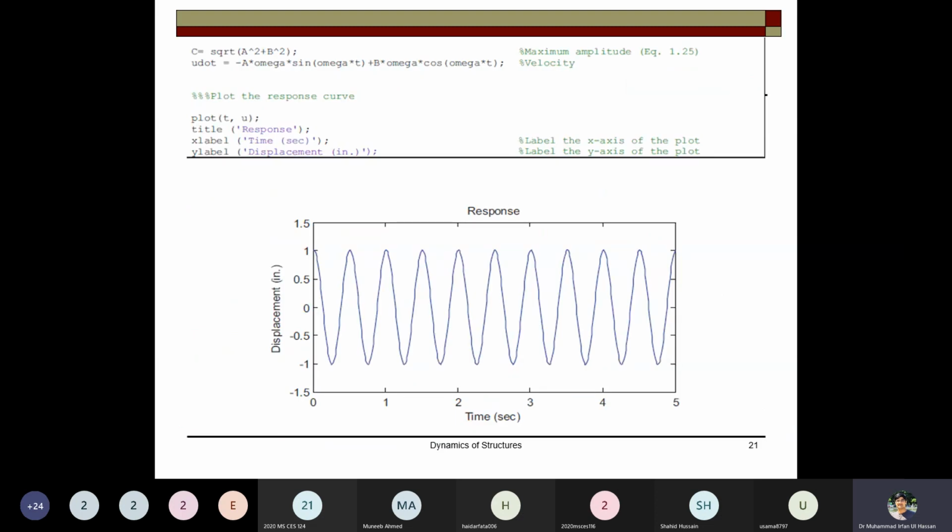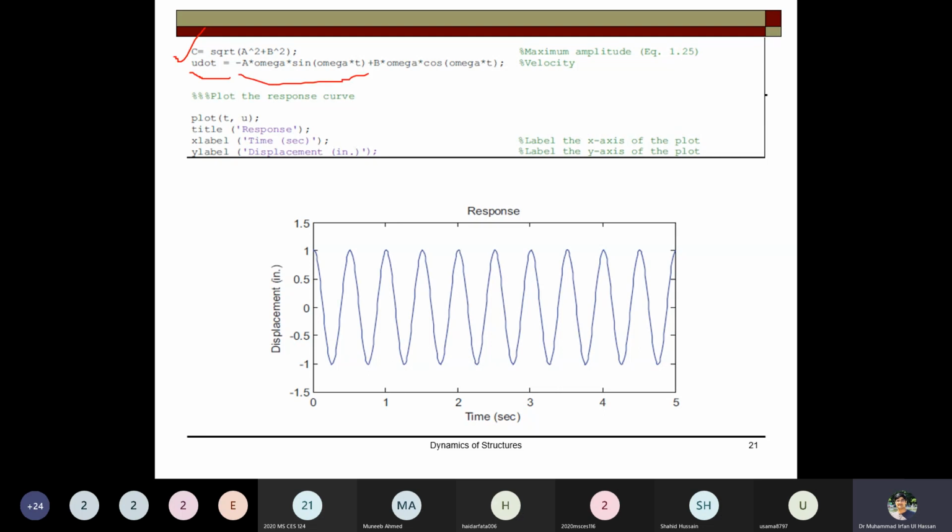And then you can plot the amplitude. You can calculate it; amplitude is c. After that you can determine the c value, and then u dot, which is the velocity.